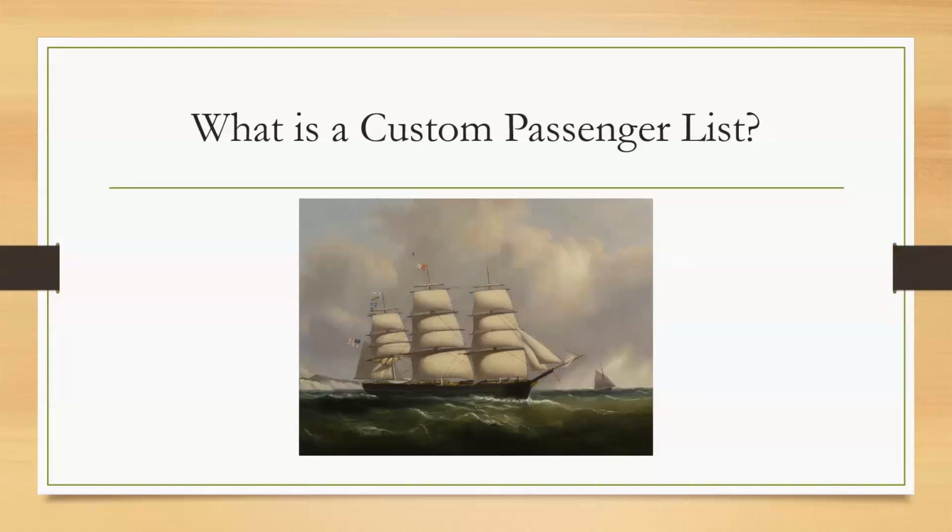What we're going to talk about today is how they're organized, the background history, how they came to be, various immigrant ports, and most importantly, we're going to talk a little bit about tips and tricks on how to find your particular immigrant ancestor in these lists.